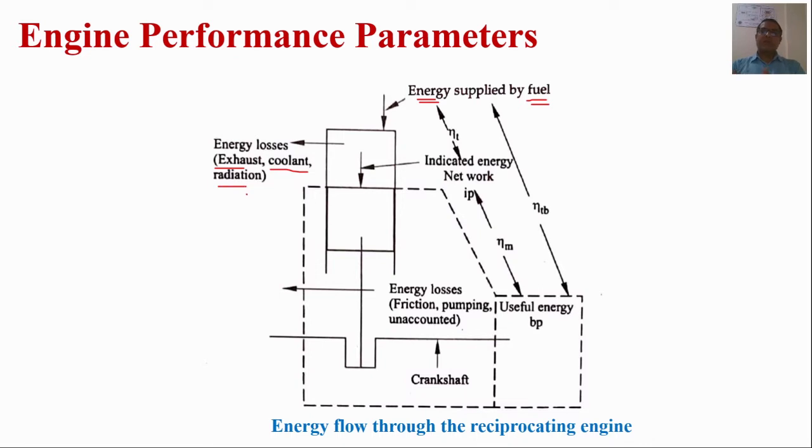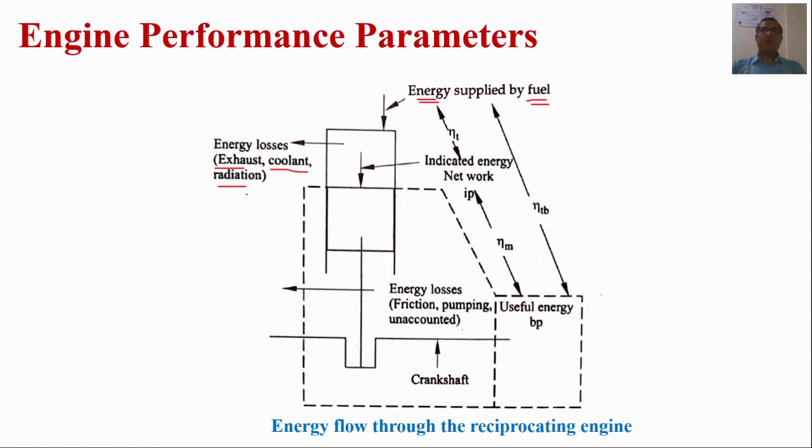So, first you supply the fuel in a combustion chamber of the engine. In the combustion chamber, the fuel burns in the presence of the air. Due to this combustion process, chemical energy of the fuel is converted into thermal energy.